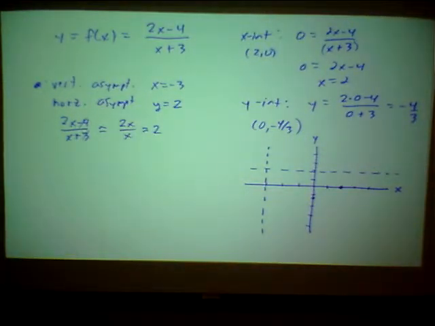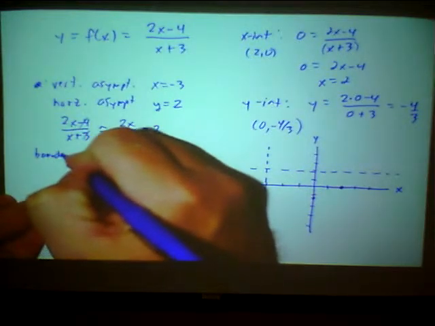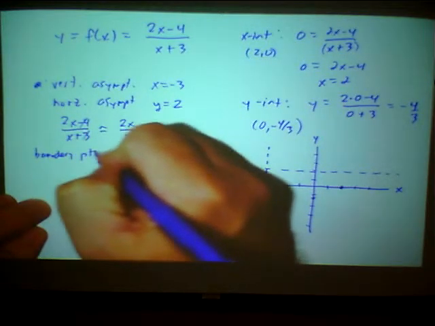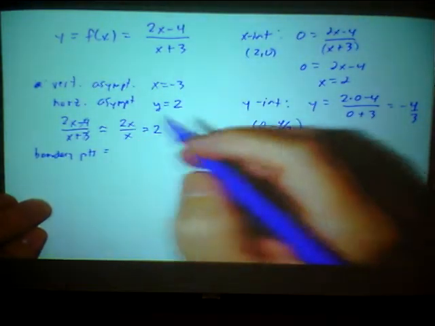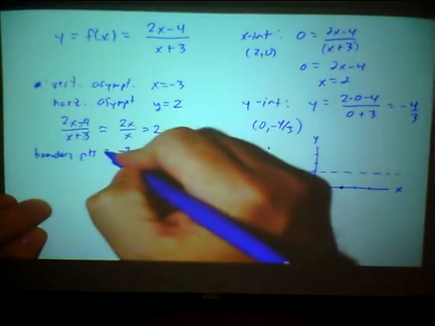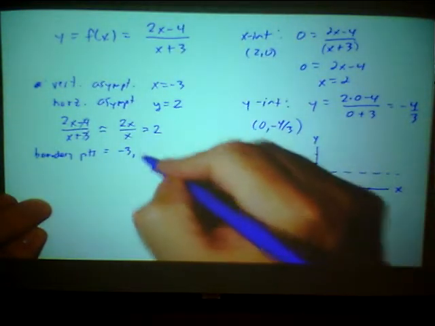Now, to create my sign chart, my boundary points are my vertical asymptotes and my x-intercepts. So my boundary points in this case are a vertical asymptote at negative 3, and then an x-intercept at 2.